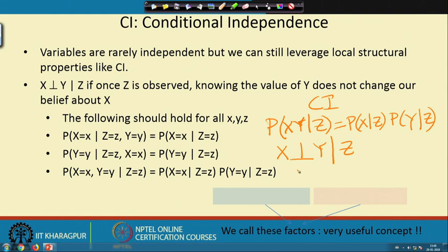Plain independence is X independent of Y, this is just independence, X, Y, Z are random variables, and this is conditional independence.